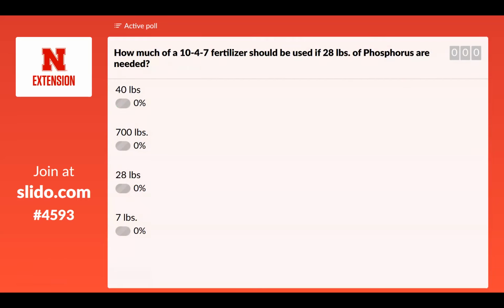Next question. How much of a 10-4-7 fertilizer should be used if 28 pounds of phosphorus are needed? Little math in the brain. No cheating with the calculators.